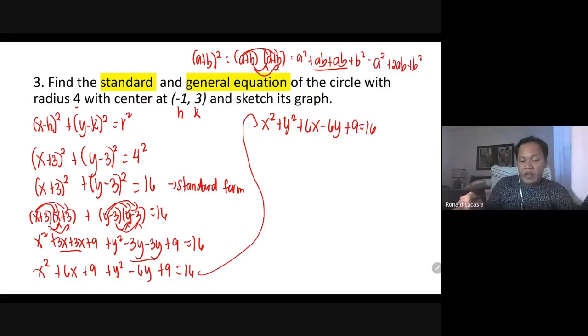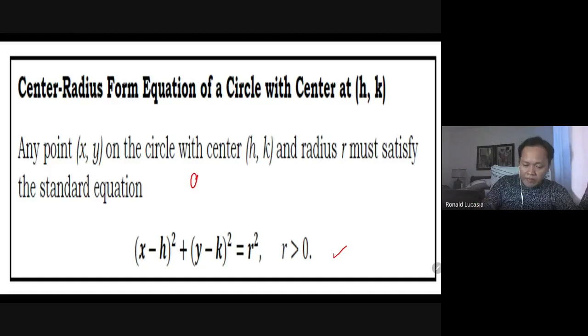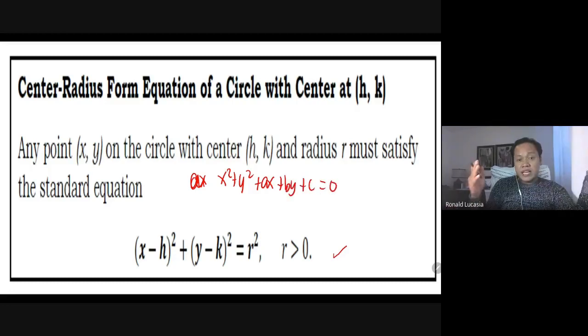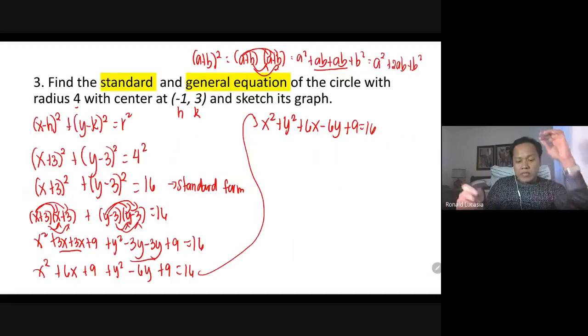The general form is actually x squared plus y squared plus ax plus by plus c is equal to 0. That's the general form. So this will be our x squared.